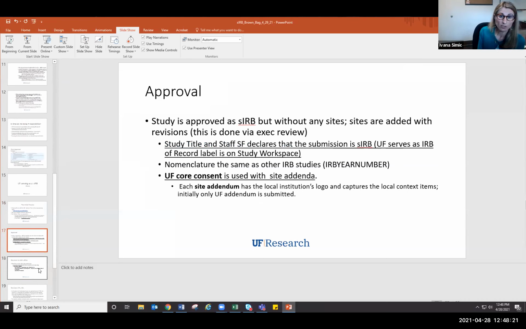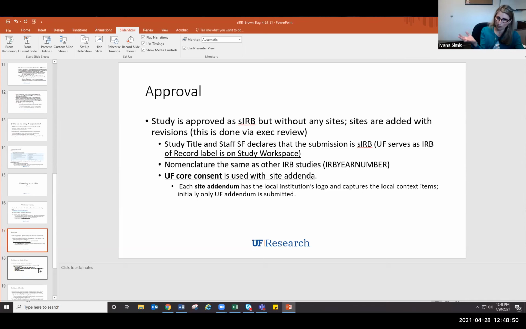As far as the process for approving a single IRB study at UF, the submission process is standard. So you use the same project type that you would use to create any new study. The nomenclature is the same. We initially approve a single IRB study, but we approve it without any sites, because in order for relying sites to be able to cede review and for their institutions to sign off on ceding, they have to have a final product, an approved protocol, to sign off on.